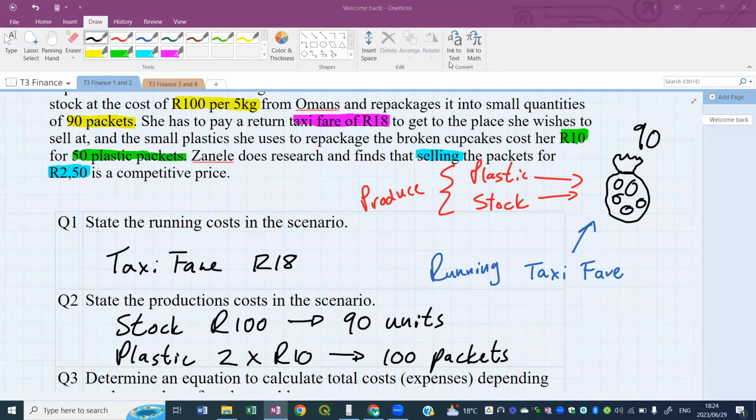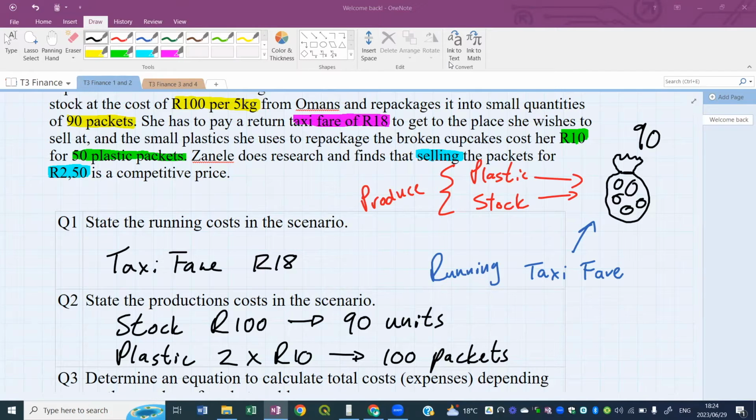But outside of that, you have to actually run this business maybe in a factory or at a home or somewhere, and you're going to incur running costs. When we mentioned the running costs on Tuesday, we talked about things like electricity, rent, salaries, fuel for vehicles. There we go. So these are all examples of running costs to run the business.